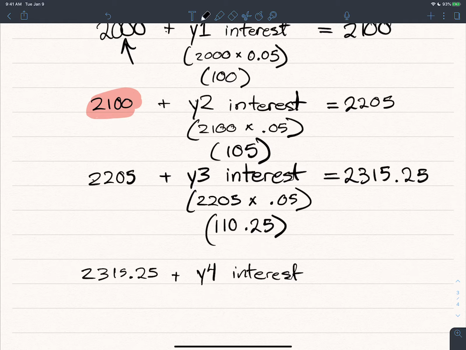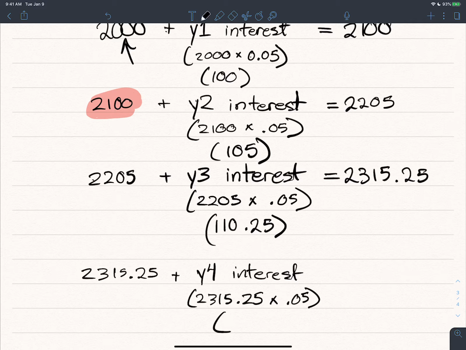And what does Tanae say? What do you tell her, Tanae? Oh, you owe me $115.76. Okay, so I don't know if your math is correct, but I think it is. It sounds correct. It's gonna be that $2,315.25 times 0.05. And what do we get?